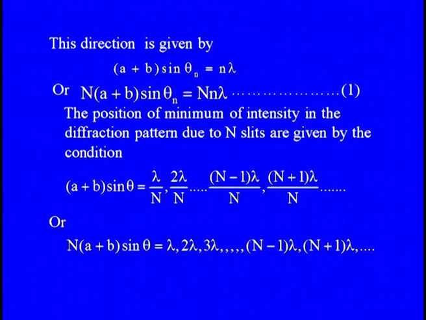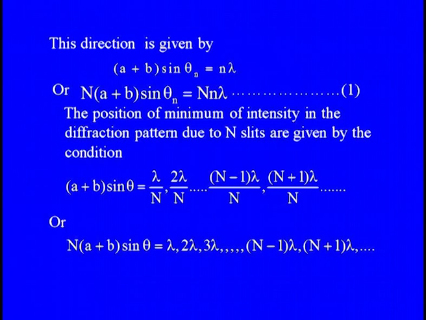This direction is given by (a plus b) sin theta n equal to n lambda, or if we multiply capital N on both sides, we get capital N times (a plus b) sin theta n equal to capital N into small n into lambda.